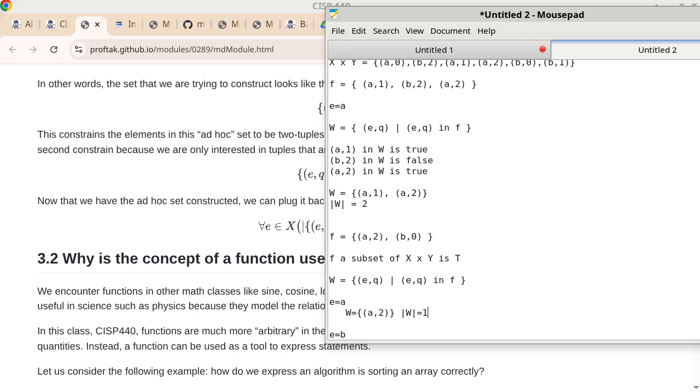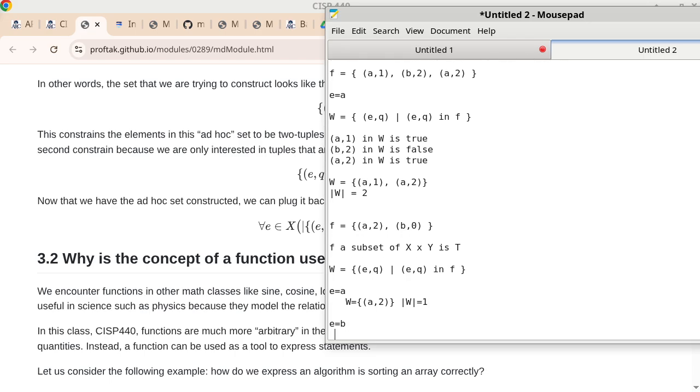So what about the case when E equals B? Well, work this out. In this case, that would be B0. The set that we're constructing also has only one single element in it. So now we can say that we have met the requirement, because for every element in X, the ad hoc set that we are constructing has a cardinality of 1.